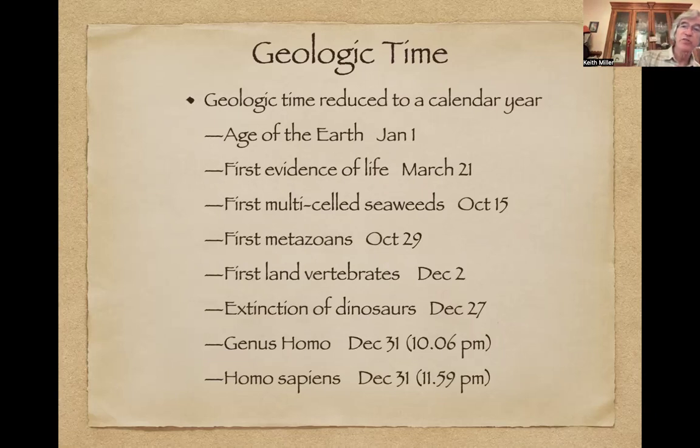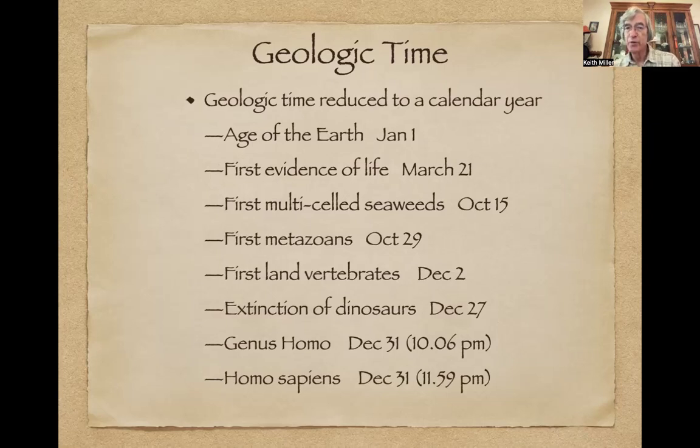So what I've done here is I've taken those same dates and I said, okay, let's just say the age of the Earth is 1 calendar year. So let's then put the beginning of the year, this is a calendar, not a clock.